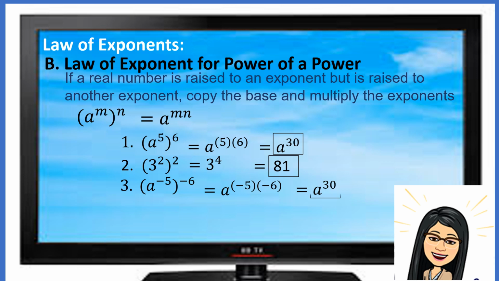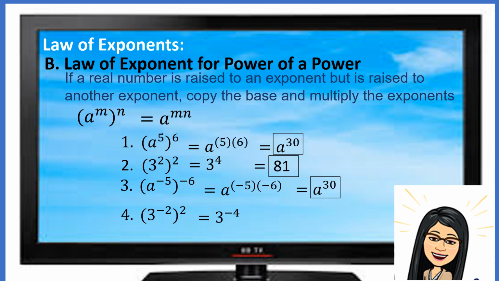Next, if 3 raised to negative 2 is squared, we have to copy the base 3, then multiplying negative 2 times positive 2 will give us negative 4.